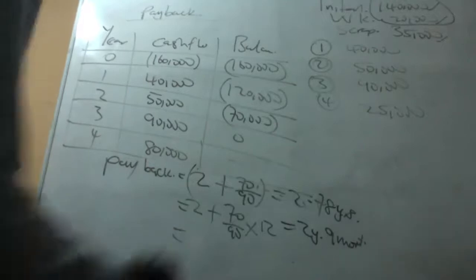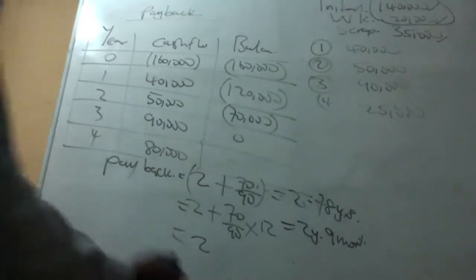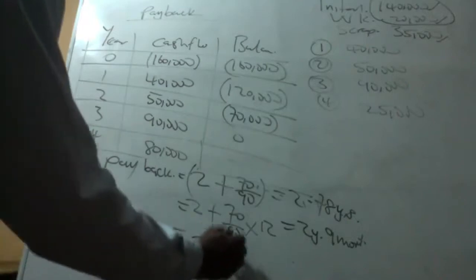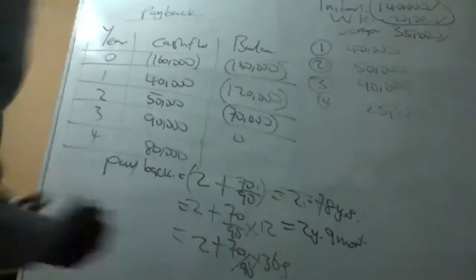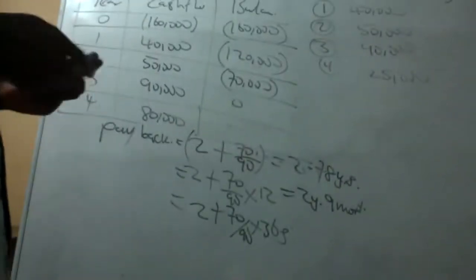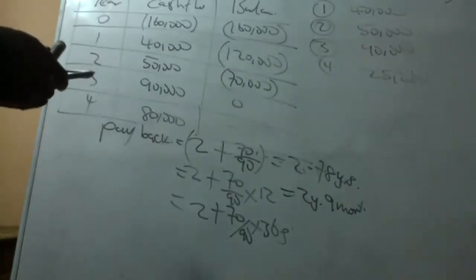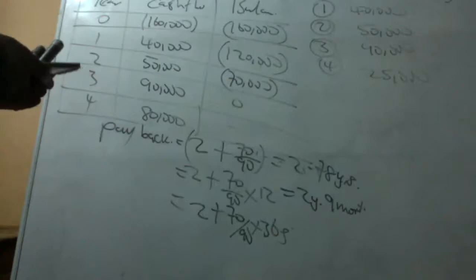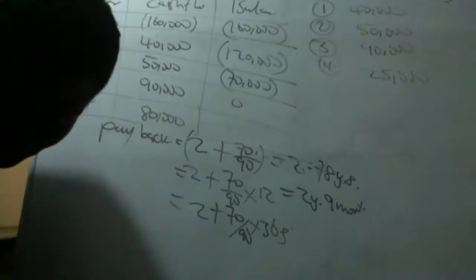If you want it in this, it will be 2 years plus 70 out of 90 times your 365. For those who want it in days, so that will be 7 divided by 9 times what? 365. That's 283 days.